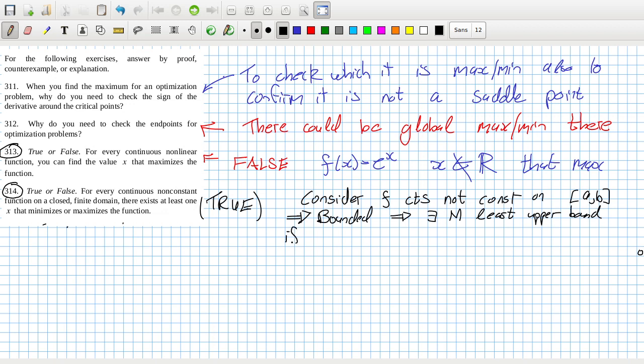Now, if there exists a c such that f(c) equals this M, then that means we're done. It's reached the maximum.